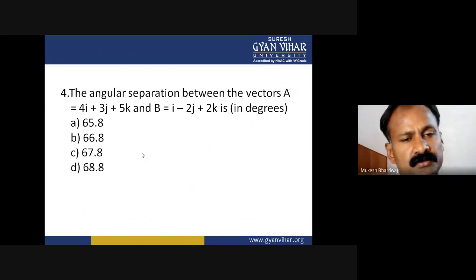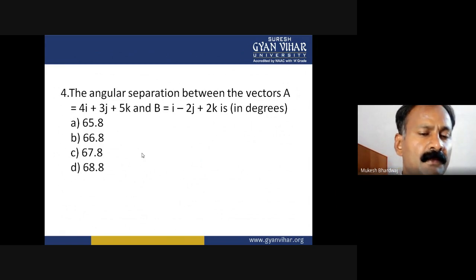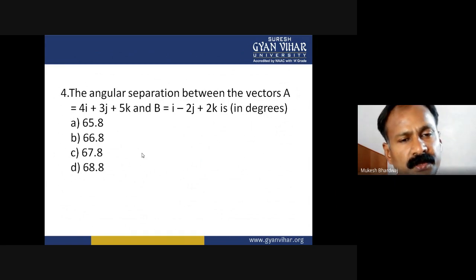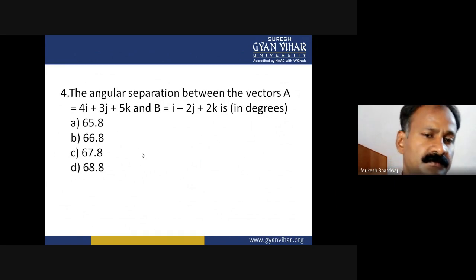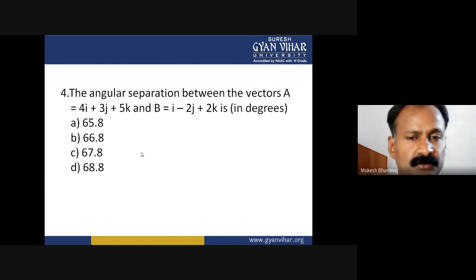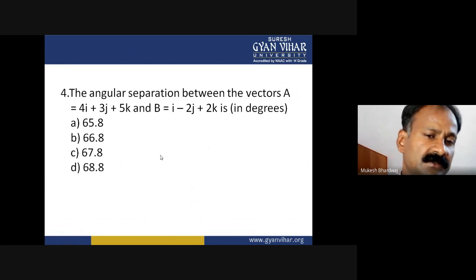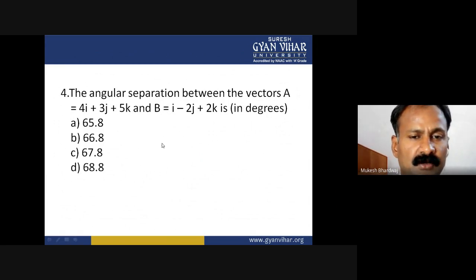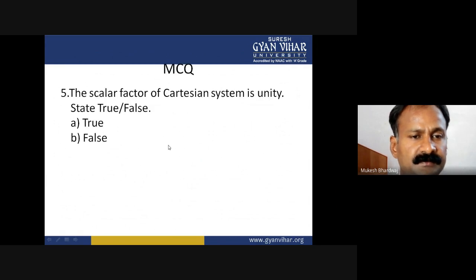So cos theta equals A dot B upon mod A mod B. Just do the dot product and divide by the mods, and theta equals cos inverse. The final result comes out and choose the appropriate answer.